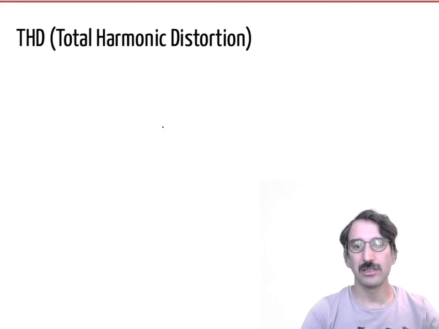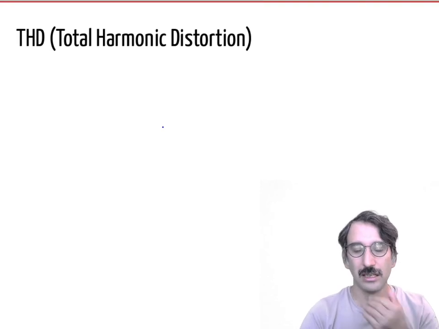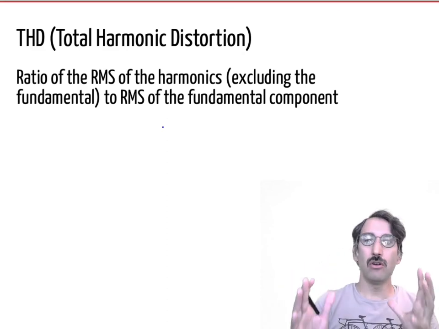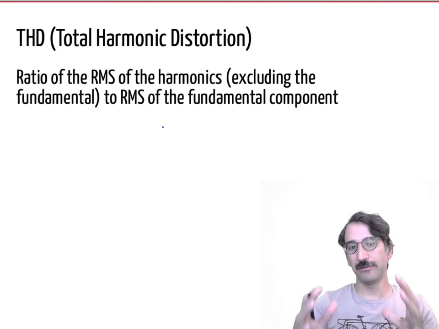Okay. Another important parameter is the THD, which is short for total harmonic distortion. We will hear this term quite a lot in this course, so please be familiar with this one. It is the ratio of the RMS of the harmonics, excluding the fundamental, to the RMS of the fundamental component. So you take all the harmonics except the fundamental.